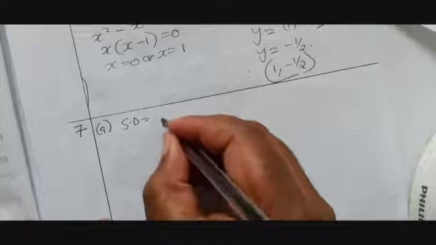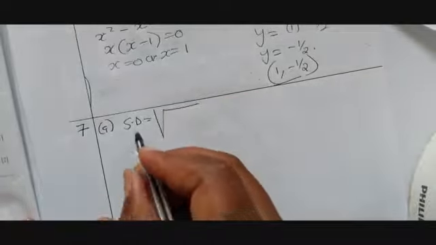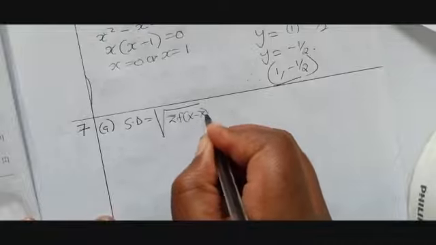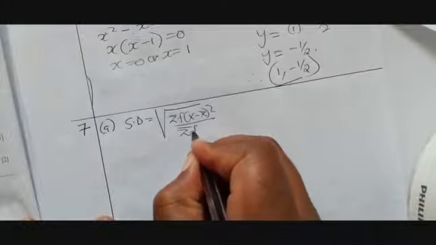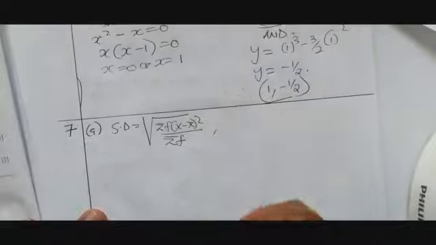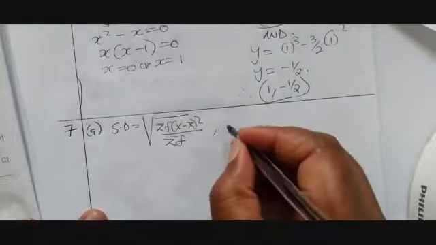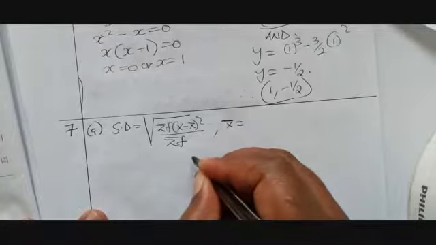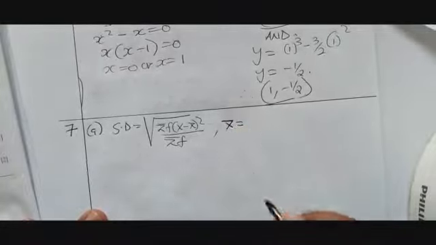So we are saying standard deviation, we can use this formula. There are a lot of formulas. Summation of f, x minus x bar squared, divided by summation of what? F. Now here, we'll not use the table, we'll get it direct. So the first thing that we need to do is to get the x bar, which is the mean.